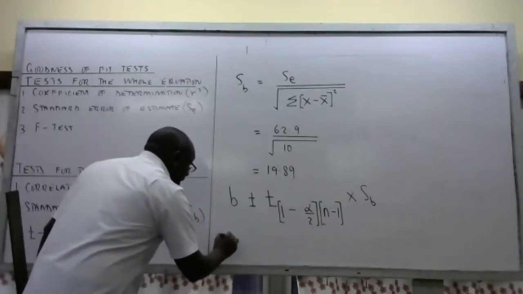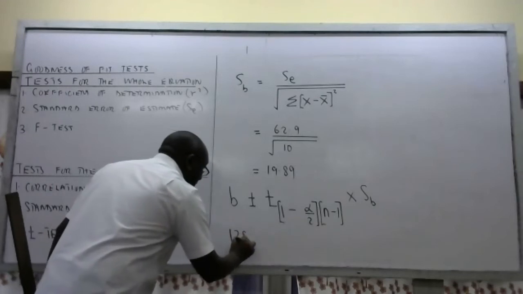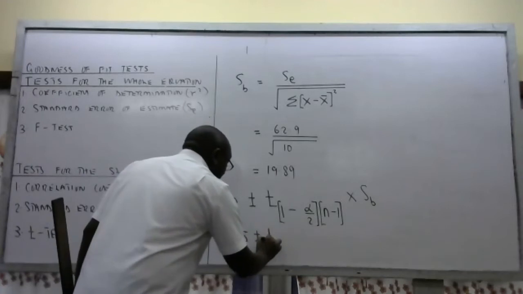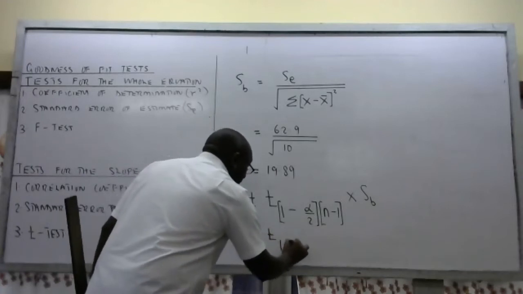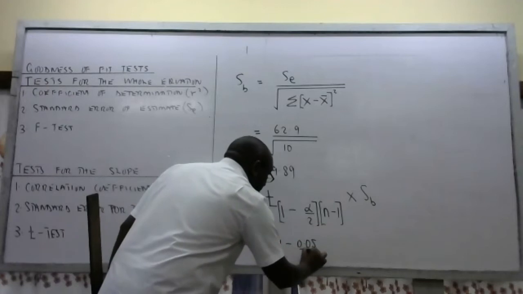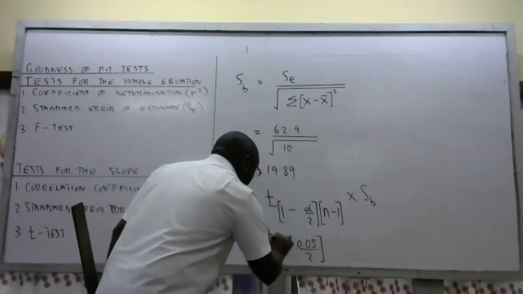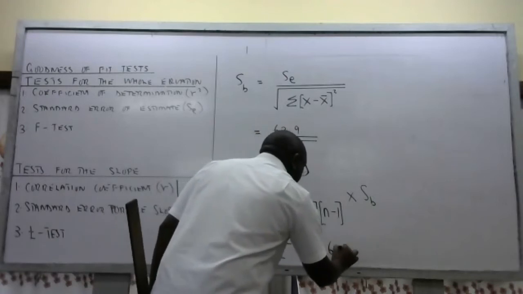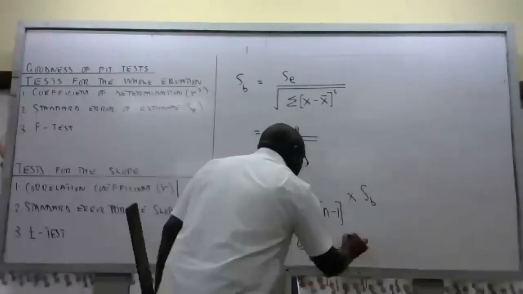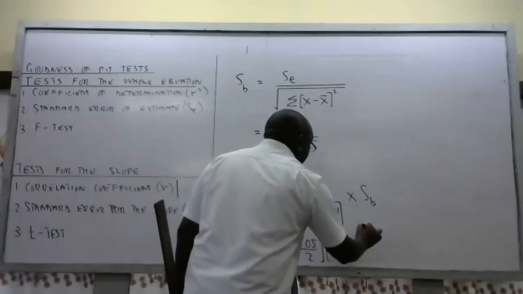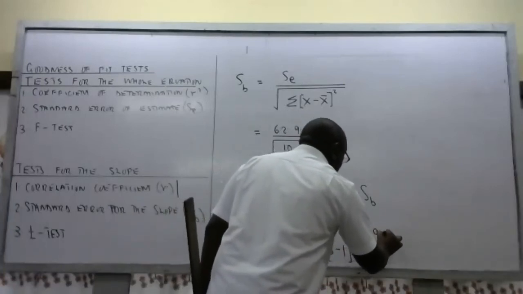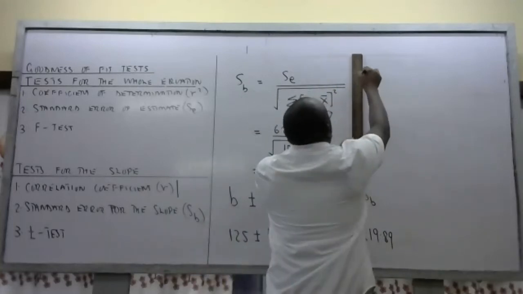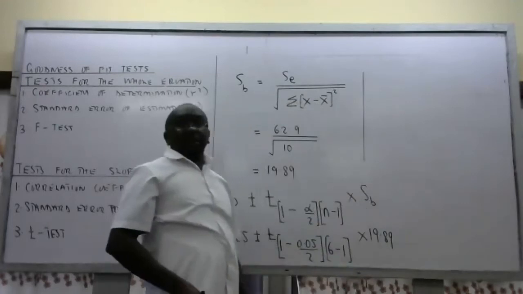So our B was 125. So plus or minus T at 1 minus 0.05 out of 2, 6 minus 1. We multiply that by 19.89.